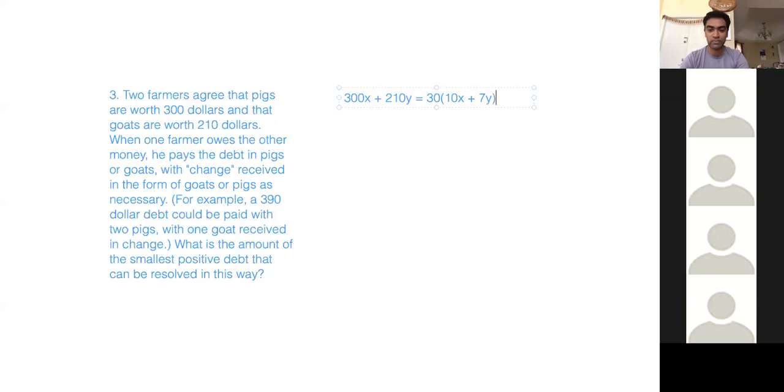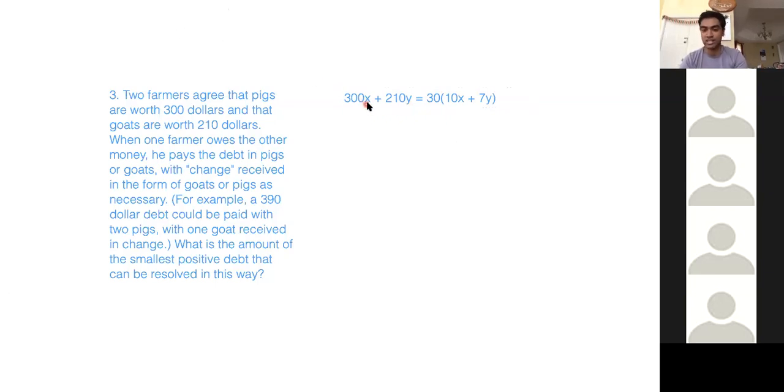I think that the outside term is the lowest possible value it could be. Good. Yeah, that is correct. The reason for this is, whatever debt I have has to be in the form of 300x minus 210y, where this could be positive or negative.